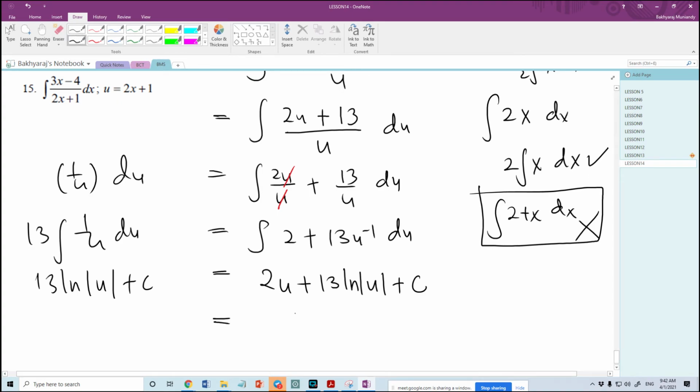Apa dia punya u? So u ialah 2 times x minus 5 plus 13 and then log x minus 5 plus C.